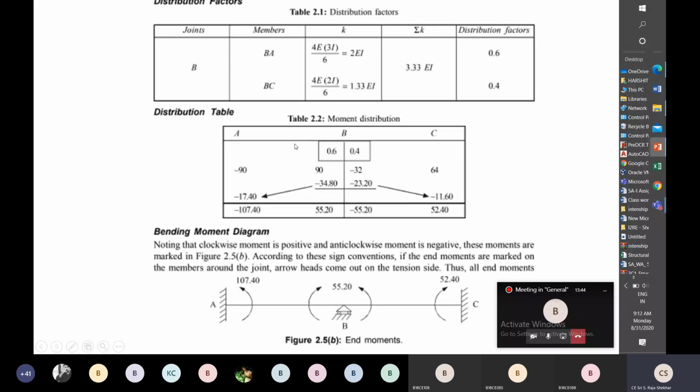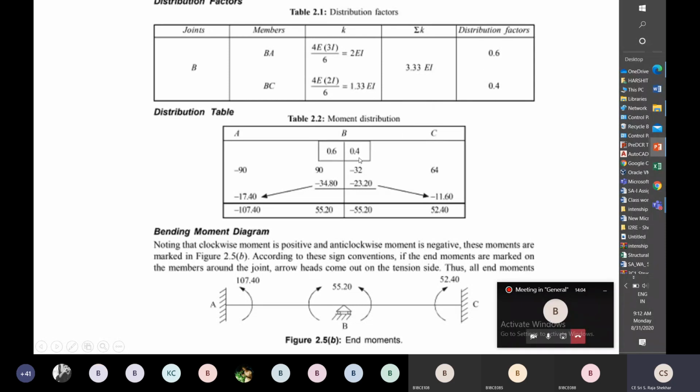We'll see here. These are the two supports, and B is a joint. At the joint, we have distribution factors. For the member BA, it is 0.6 that we calculated here. For the BC member, the distribution factor is 0.4.